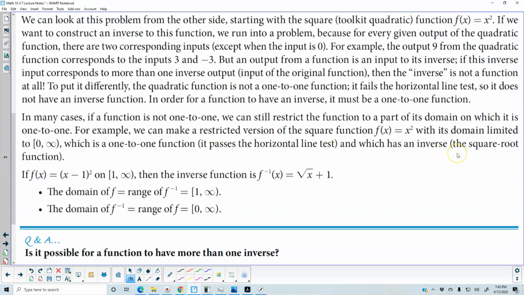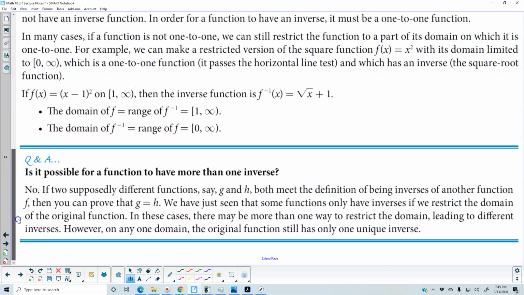Therefore, it has an inverse. Now, if f of x equals (x minus 1) squared on 1 to infinity, then the inverse function is f inverse of x, which equals the square root of x plus 1. The domain of f is equal to the range of the inverse function, which is 1 to infinity. And the domain of the inverse becomes the range of the function f, going from 0 to infinity.